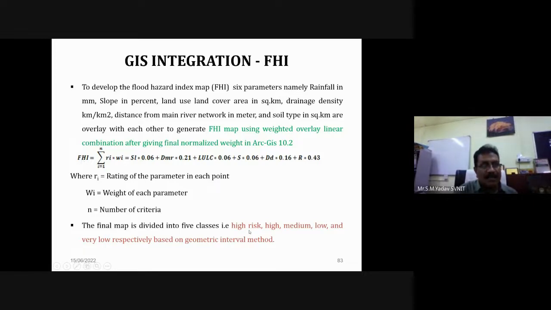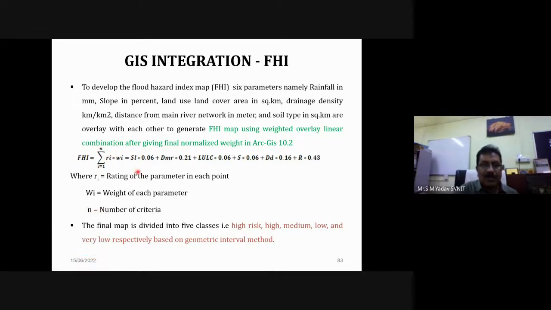They are very high, high, medium, low, and very low, respectively, based on the geometric interval method. So the flood hazard index map has been developed using GIS integration, following the computation of FHI for various areas using the equation FHI equals the sum for i equal to 1 to n of Ri into Wi.